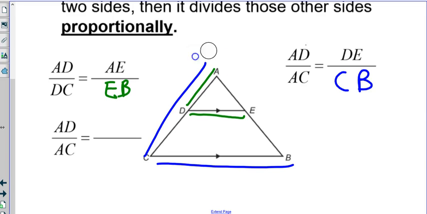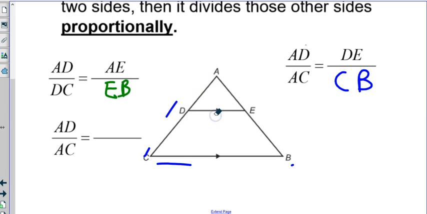And over here, this is probably the most challenging one. We have AD to AC. Okay?